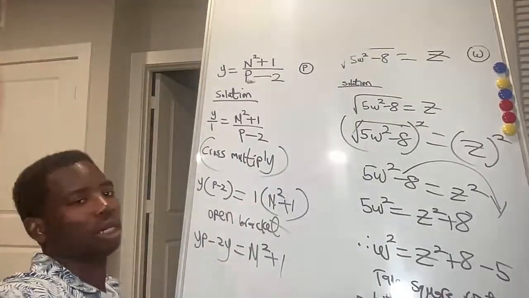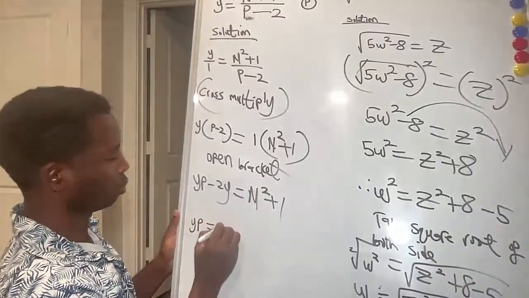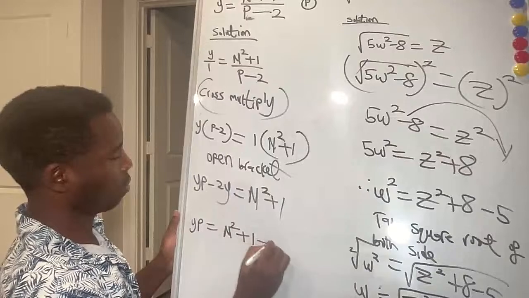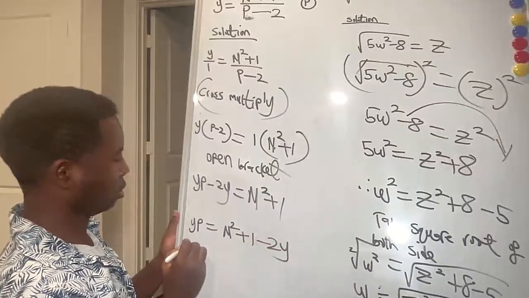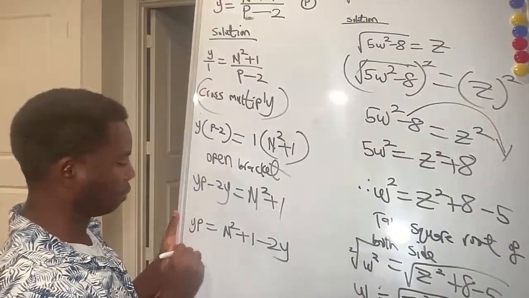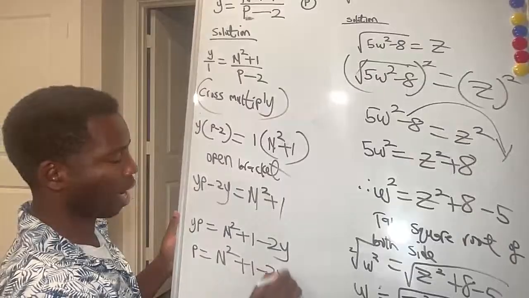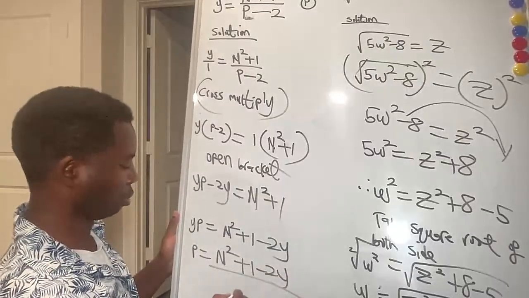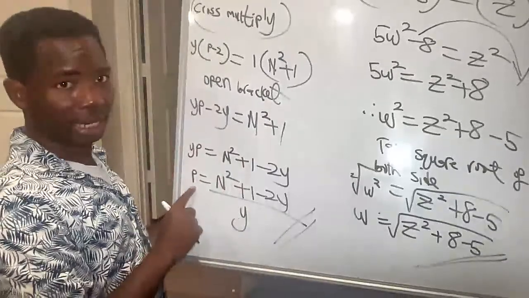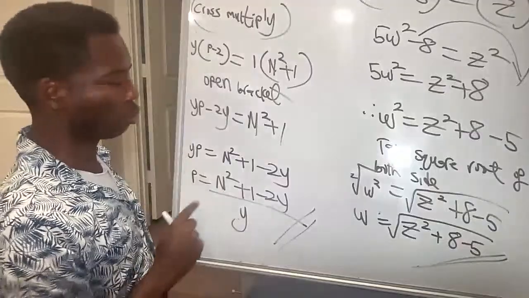So let's proceed. We have yp is equal to n squared plus 1 plus 2y. Making p the subject, p is equal to n squared plus 1 plus 2y over y. Now p is the subject of the equation.